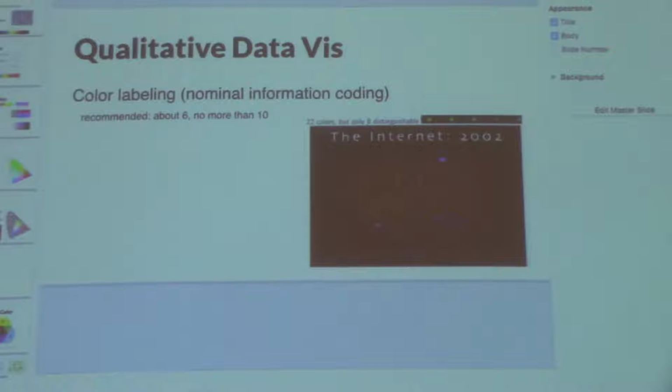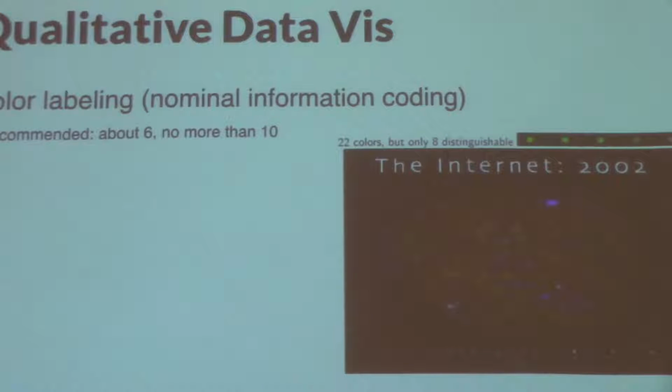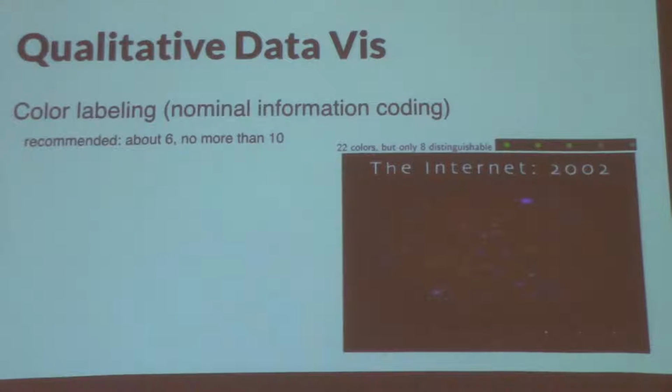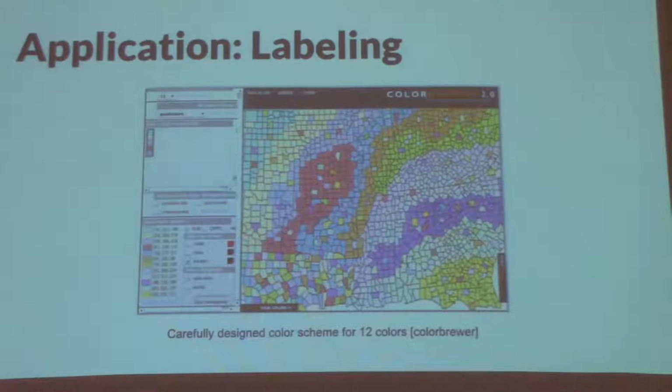This is not a good visualization technique. As a rule of thumb, if you want to use color labeling, use about 6 colors. If you have significantly more things that you want to label than 10, you shouldn't use color anymore. You could use something else. We'll talk about that next time. I've talked about this ColorBrewer tool in one of the D3 lectures. These are carefully designed color schemes for various applications, for example for labeling nominal data, but also for continuous data.